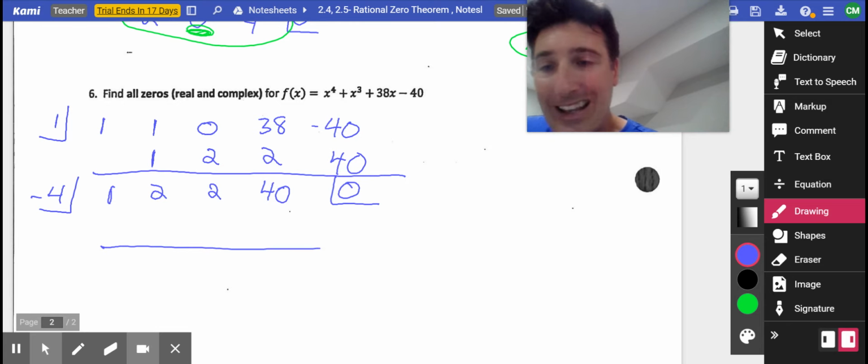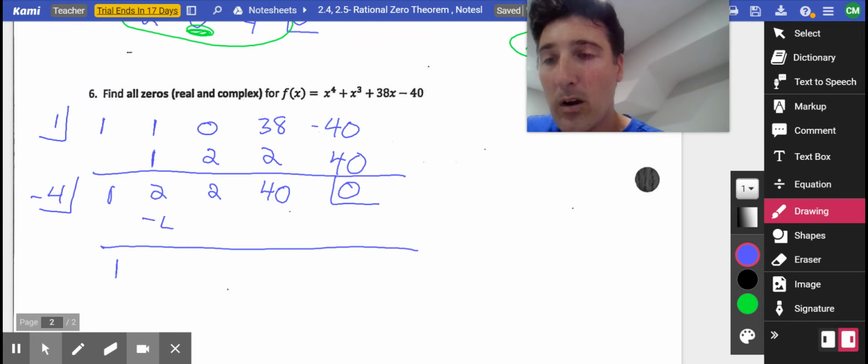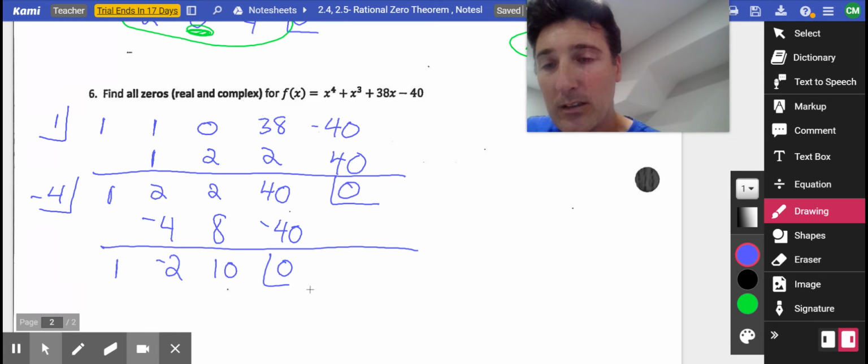So I bring down the 1. Negative 4 times 1 is negative 4. 2 minus 4 is negative 2. Negative 2 times negative 4 is 8. Add these, we get 10. 10 times negative 4 is negative 40. So you see it works. Add these, they cancel. So here we're left with the quadratic.